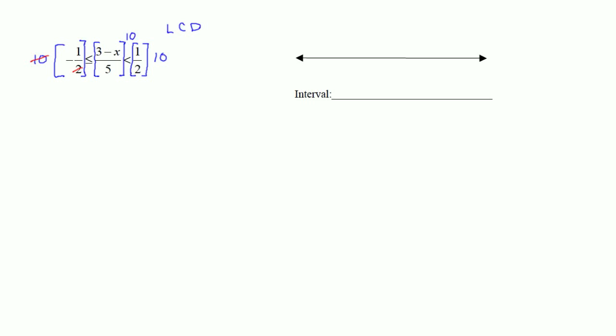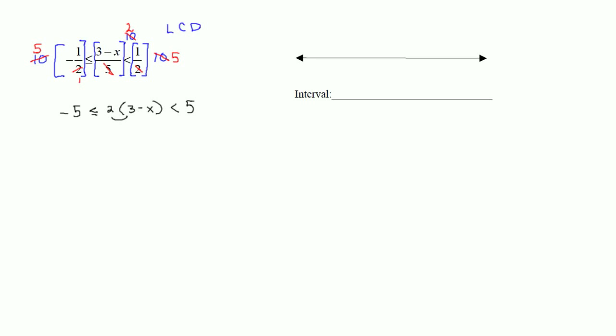On the left-hand side, the 10 cancels with the 2 and gives us 5. In the middle, this 5 in the denominator cancels with the 10, leaves us 2, and on the right, this again leaves us 5. So, on the left-hand side, 5 times negative 1 is negative 5. In the middle, we have 2 times 3 minus x. And on the right, we have 5 times positive 1, or just 5.